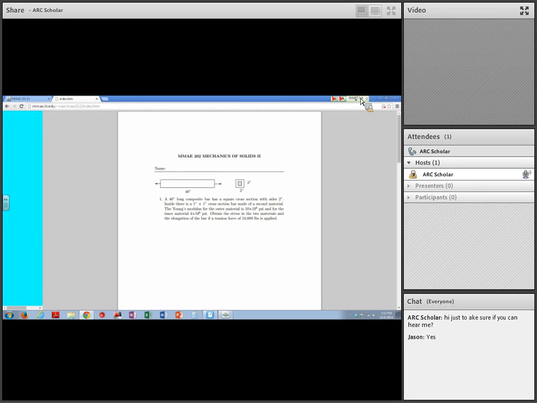Since they are kind of like a car that we mentioned just now, they have this relation: delta 1 equals delta 2. I can write it down as F1 L1 over E1 A1 equals F2 L2 over E2 A2. So I got L1 and L2, which is the same.